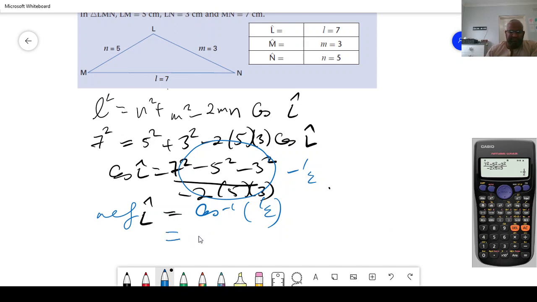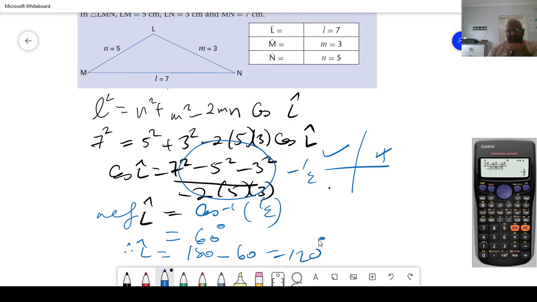That will simply give us 60 degrees if I use the positive angle, sorry. So it's either in the first quadrant or second quadrant. Remember, it's negative, so it has to be the second quadrant because cos is negative in the second quadrant. So therefore L is an obtuse angle, so it's going to be 180 minus 60, which is 120 degrees. Okay, so L is 120.